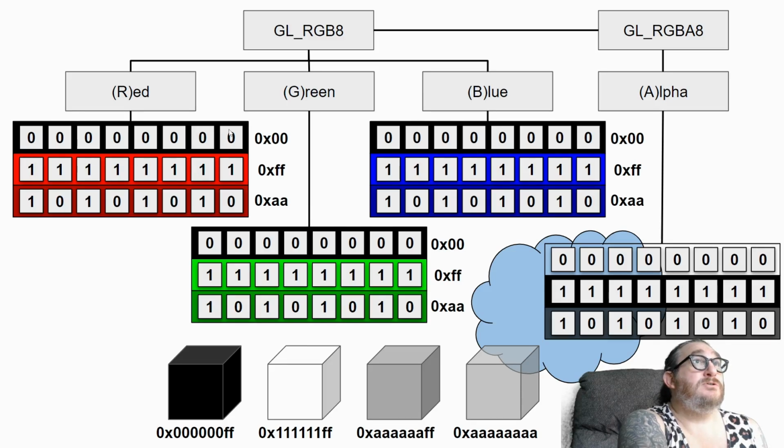If you have all zeros in the red slot, you're not going to have any color there, so it'll just be black. And if you have ones in all of your bits, then you'll have 100% red. Same thing is true for green and for blue. And if you have some combination of zeros and ones, you're going to get a color somewhere in between that black and that red. That's going to be the same for green and the same for blue.